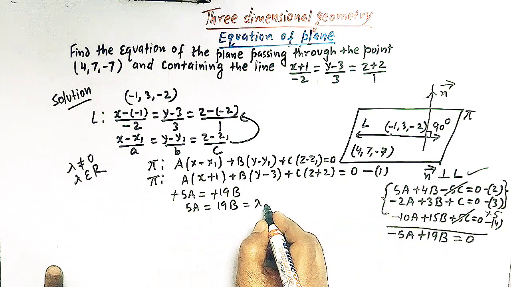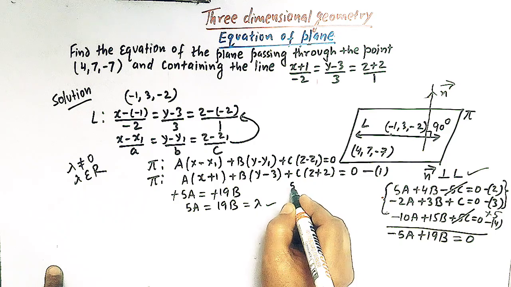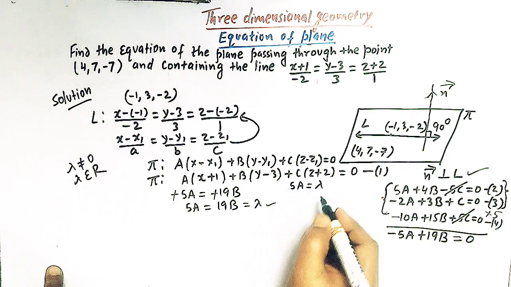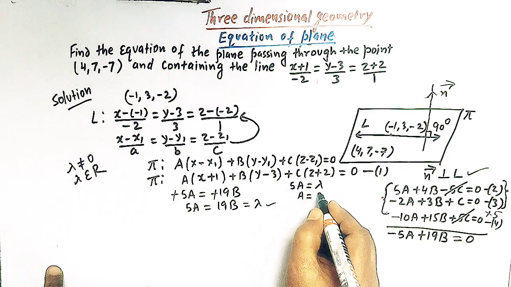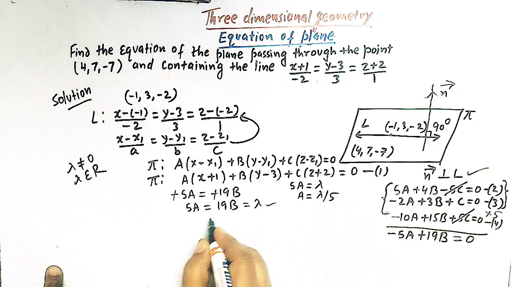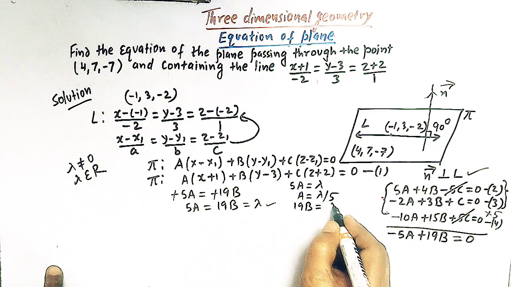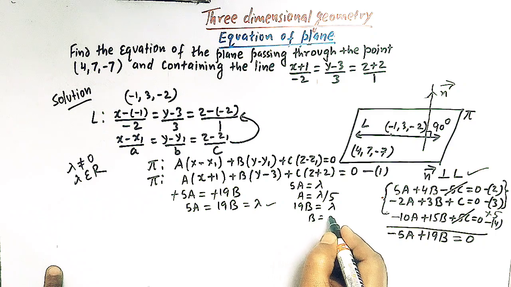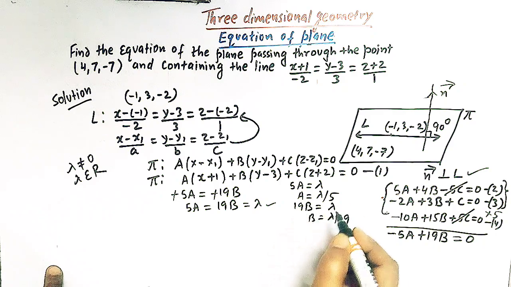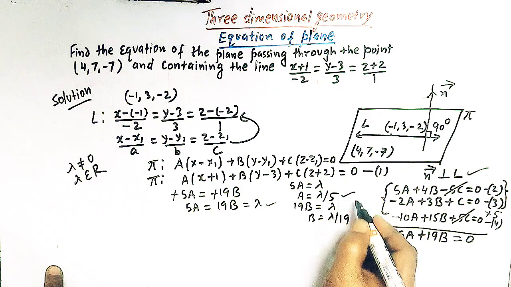So from here we can write 5a is equal to lambda, so a is equal to lambda over 5, and 19b is equal to lambda, so b is lambda over 19. So now a and b are expressed in terms of lambda.